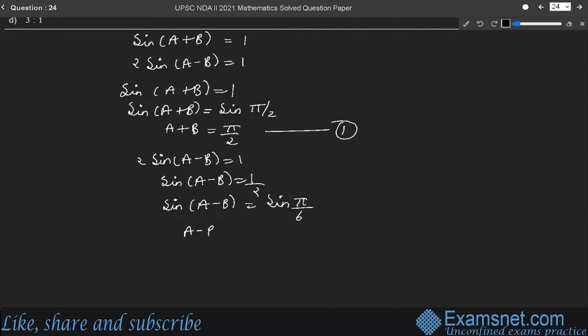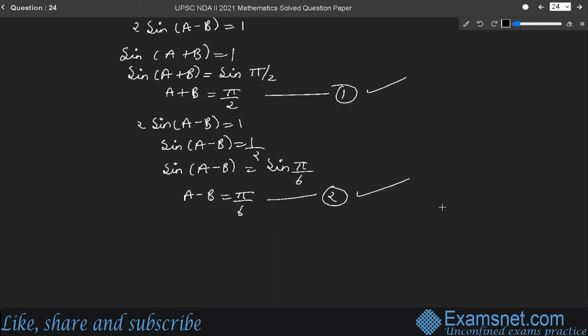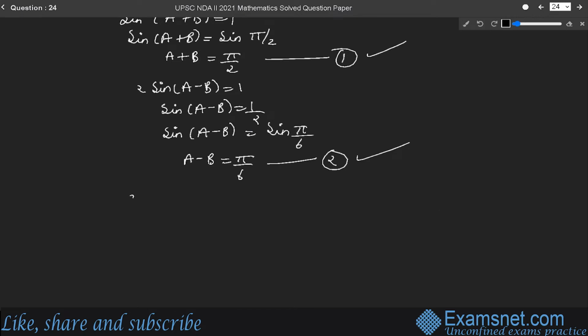So a minus b will be equal to pi by 6. Let this be equation number 2. We got the value of a plus b and a minus b. So on adding both the equations, we will get 2a is equal to pi by 2 plus pi by 6, which will be equal to 4 pi by 6. So a will be equal to pi by 3 and hence b will be equal to pi by 6.